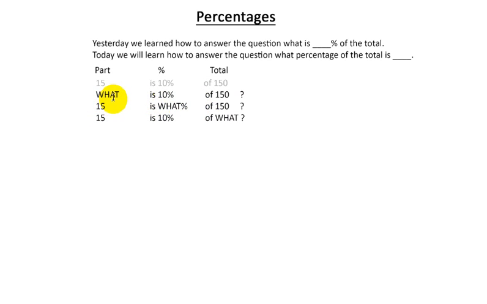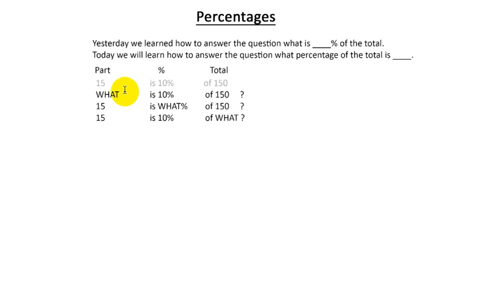Yesterday we talked about problems that ask us, what is 10% of 150? It gives us the total, it gives us the percentage, and it asks us to find what part of the total is that percentage. So problems like 10% of 150, or 20% of 120, or 30% of 40.